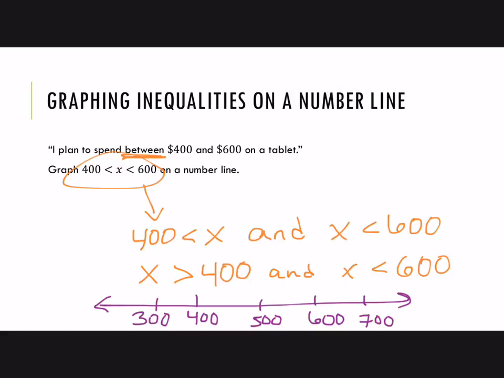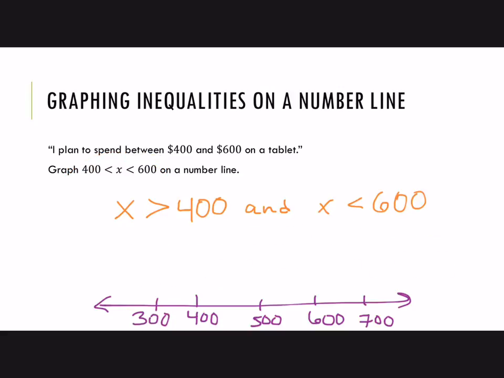If you graph each of these individually, if we look first at x is greater than 400, then that would mean start with an open circle on 400 and shade everything to the right. And then x is less than 600, you would start with an open circle on 600 and you would shade everything to the left of 600.